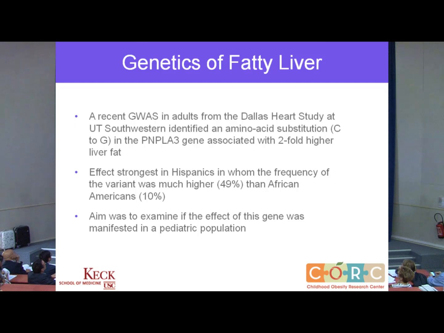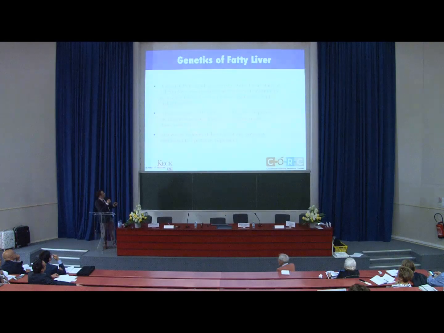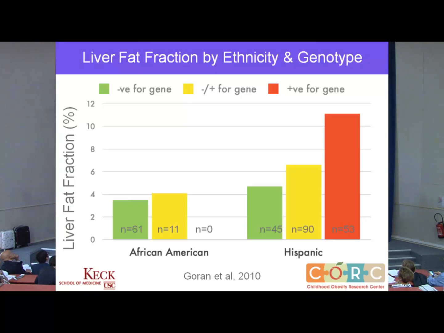The function of this gene is not entirely known, but what's interesting is the effect of this gene is very high on fatty liver accumulation, and this gene is highly prevalent among Hispanics. So in fact, 50% of Hispanics in this study carry this C to G mutation, whereas only 10% of African Americans. Our studies published a few years ago verified the impact of this gene in children.